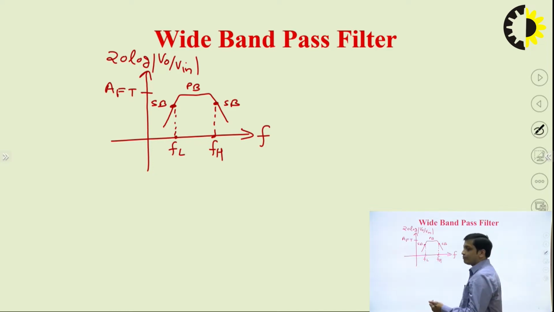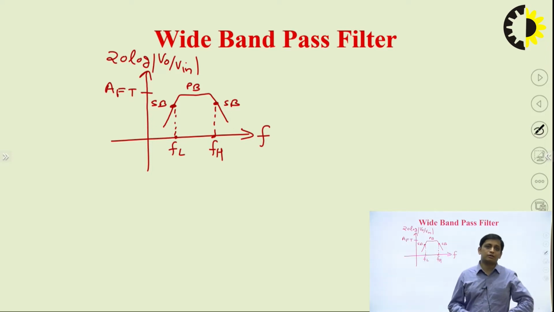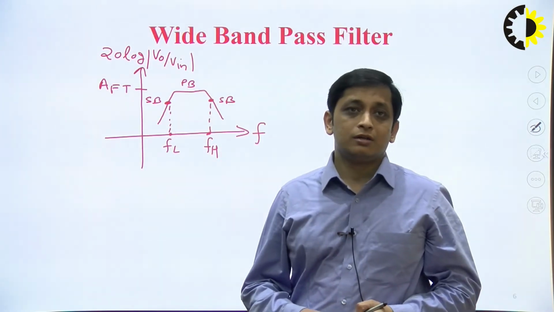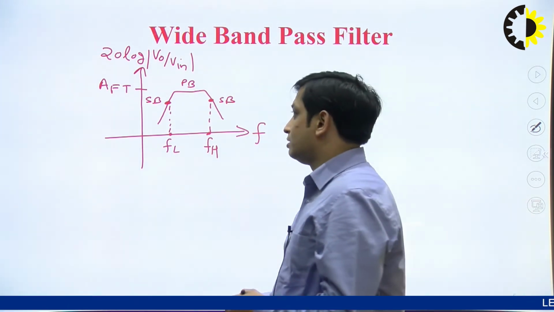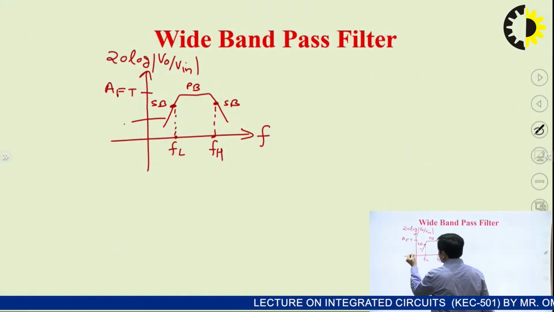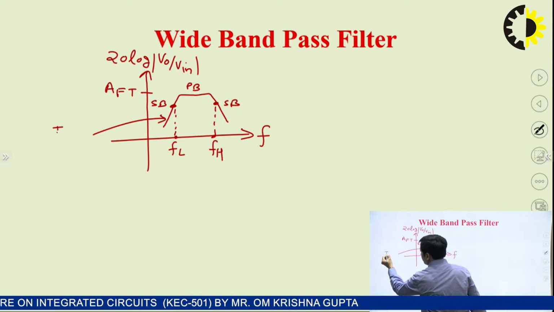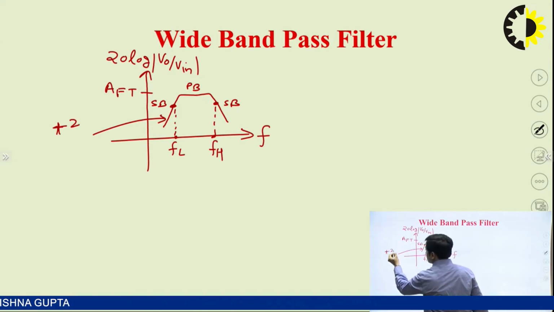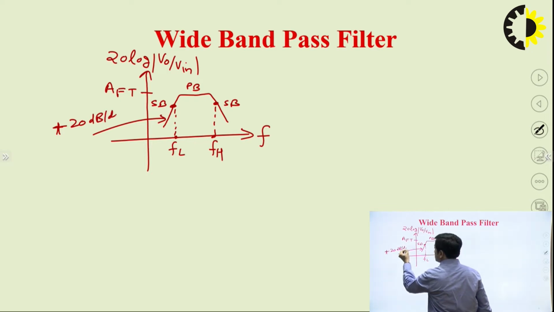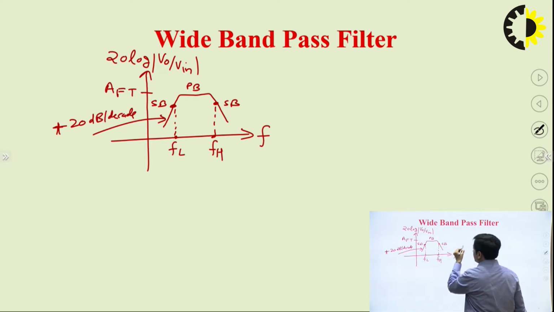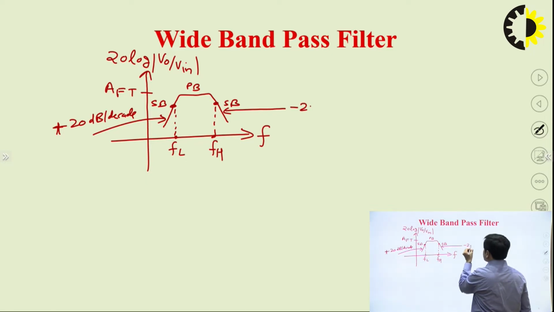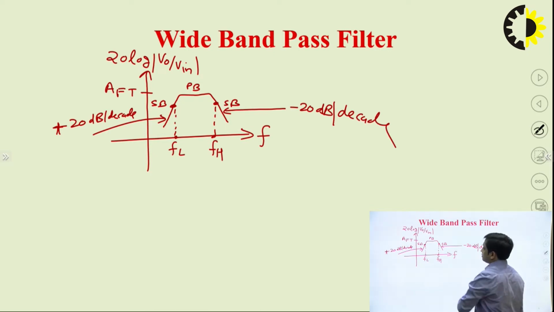And as far as roll off rate is concerned, when we use first order high pass and first order low pass filter to design wide band pass filter, then the roll off rate will be, this one is plus 20 dB per decade, and this one is minus 20 dB per decade. Fine, this is the roll off rate.